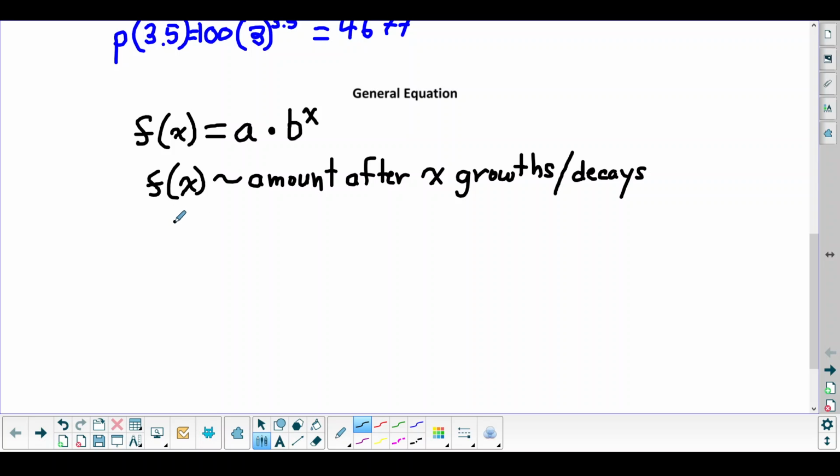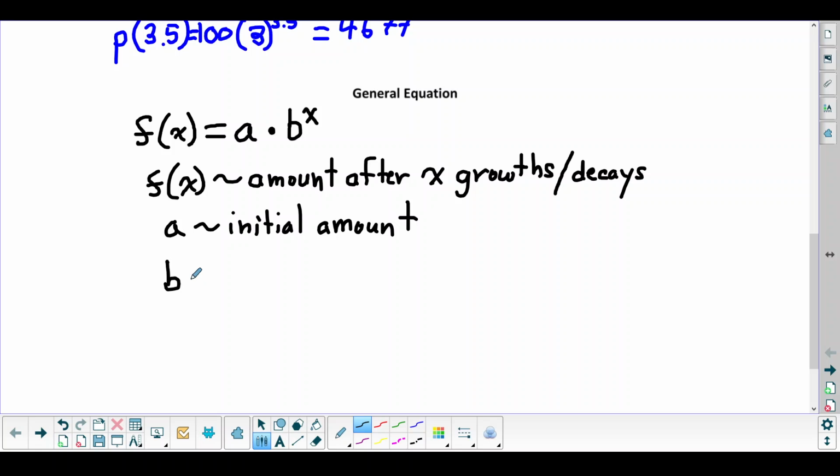So A is always our initial amount. It's how much is there at the start, on day 0 or at time period 0. In our previous example, it was 100. That's how many bacteria there were when first observed, the initial amount.